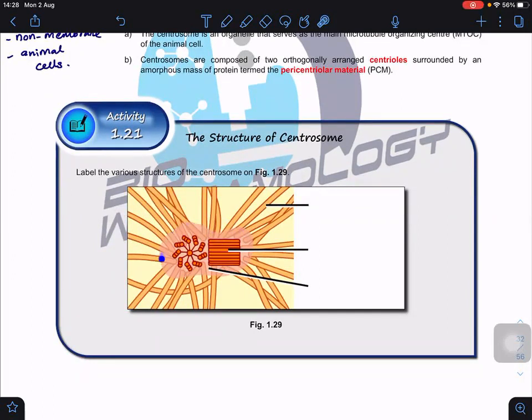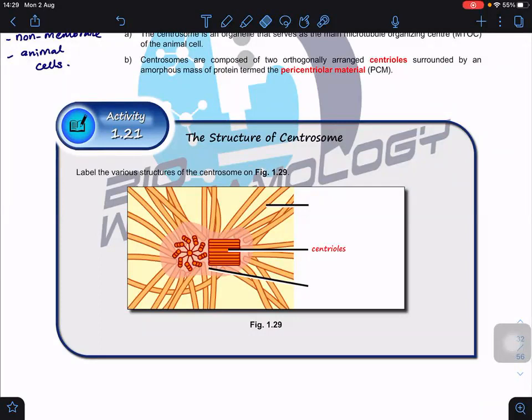From this structure, you can see that microtubules emerge. The center part here is a centriole, surrounded or packed together with protein. This protein is known as the pericentriolar material or pericentriolar matrix. The entire structure is known as the centrosome. If we label, this structure is the centriole.